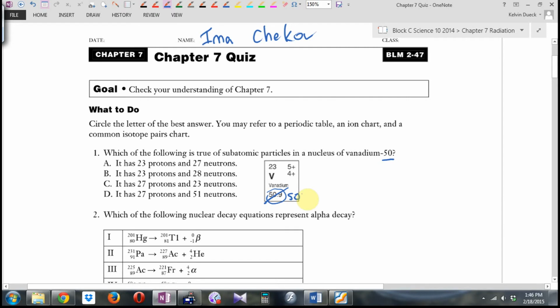So it has 23 protons. That's correct, because it's still element number 23. But the number of neutrons is not 28, it's 27. And this is why on the periodic table a lot of the masses have decimals, because it's an average mass. Some of them are isotopes, some of them aren't.